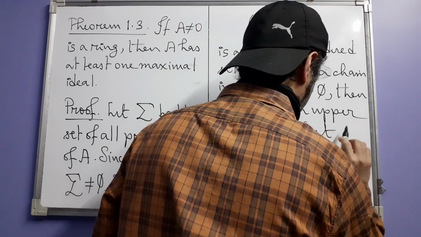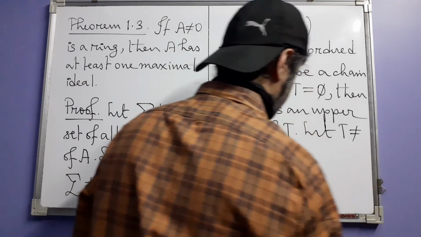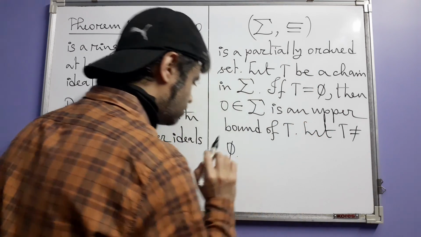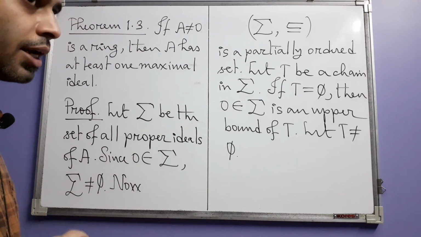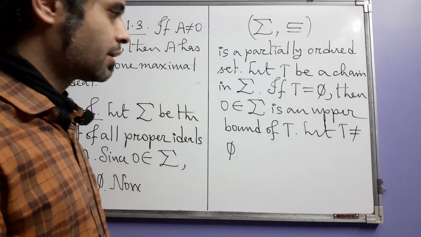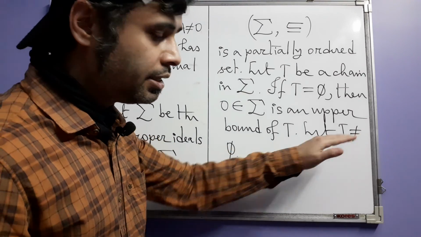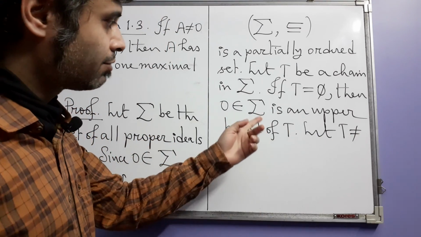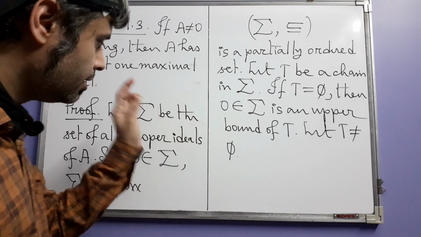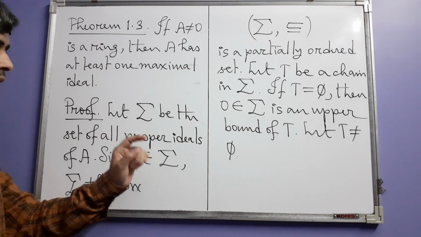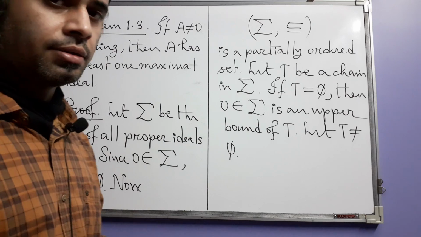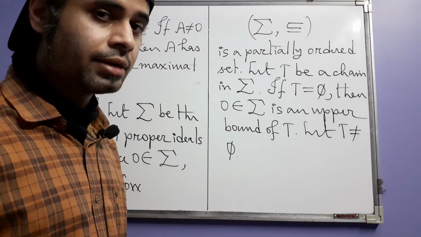Now let us consider the other possibility, that T is non-empty. Now we do not forget what we are dealing with. The elements in T are what? They are after all coming from sigma, so each one is a proper ideal of our ring A. So the elements in T are ideals.